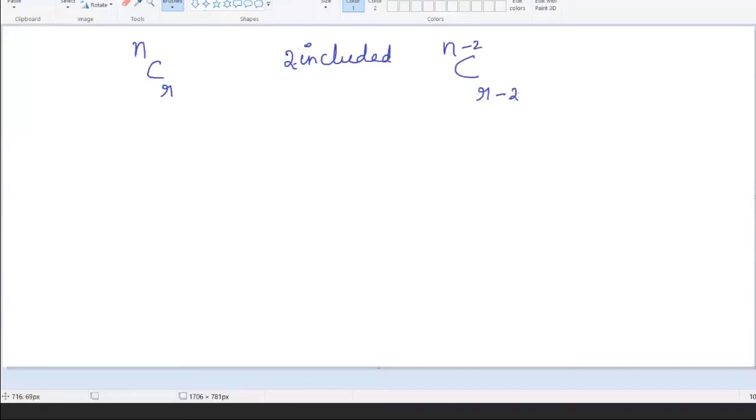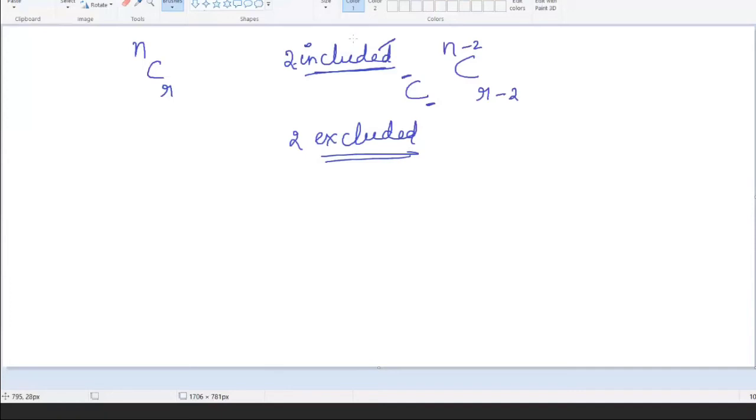So when the word included comes, I tell students just to remember like this: from top also minus, from bottom also minus, from n also minus, from r also minus. That is for included. They are already in the committee, like that.